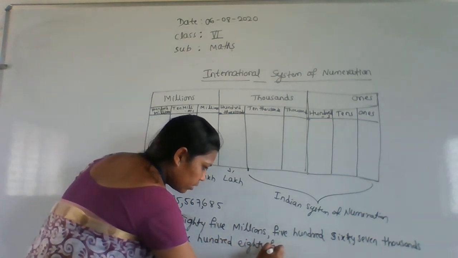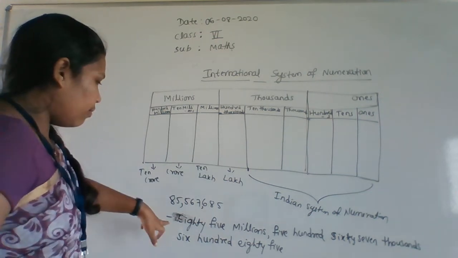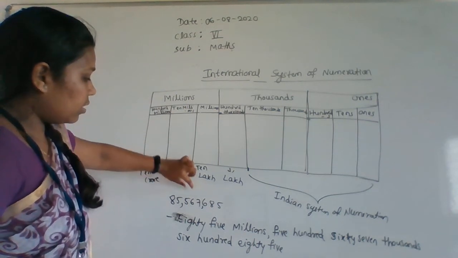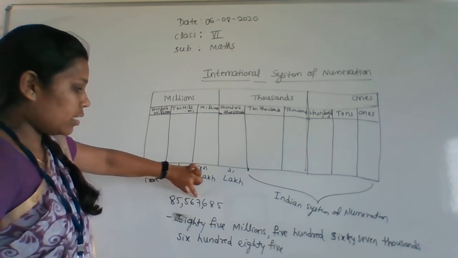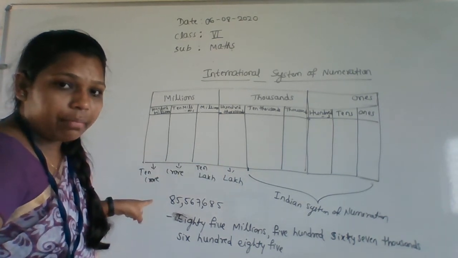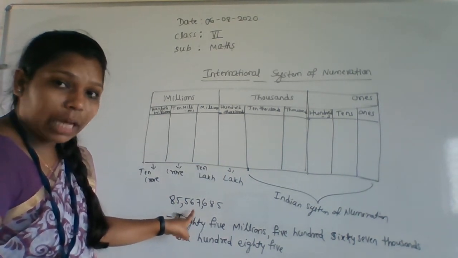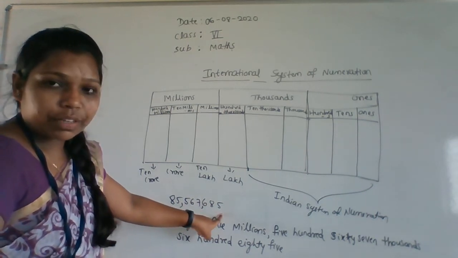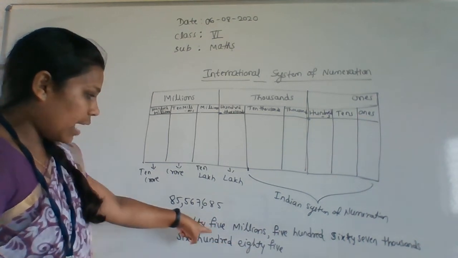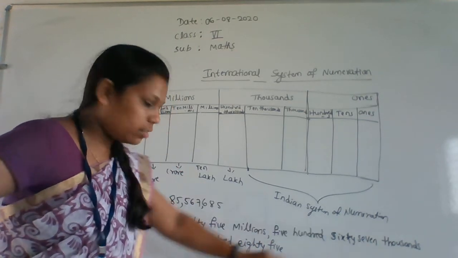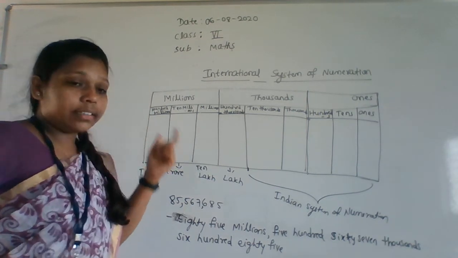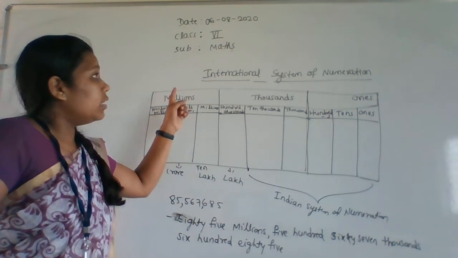So this is 85 millions 567,685. Like that we have to read the numbers as well as we have to write them.